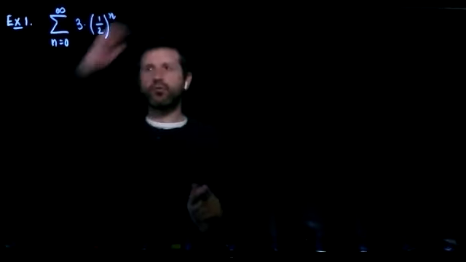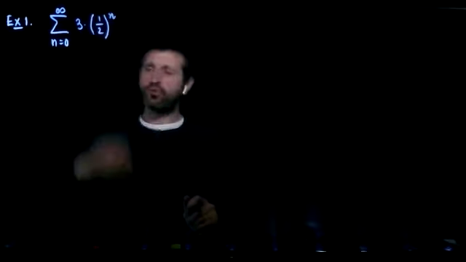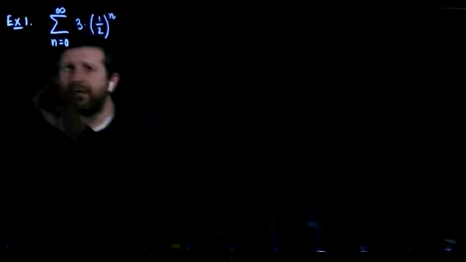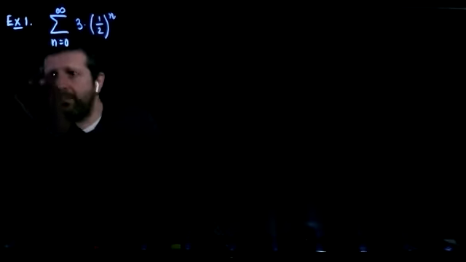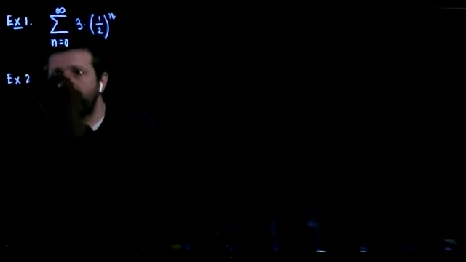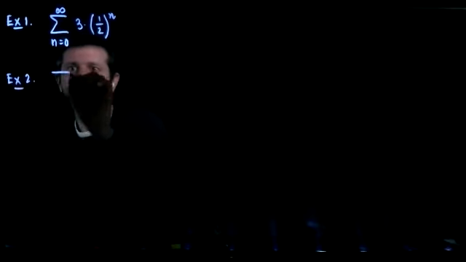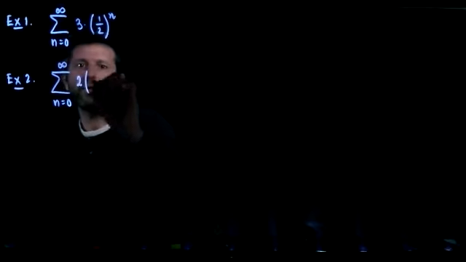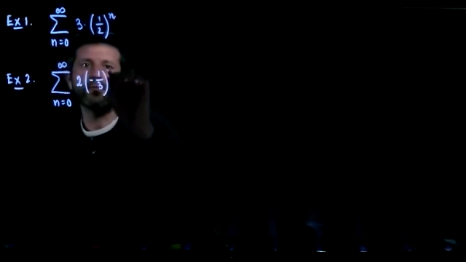Does this converge or diverge? And if it converges, to what does it converge? Second example: sum n equals 0 to infinity of 2 times negative 1/3 to the power n.